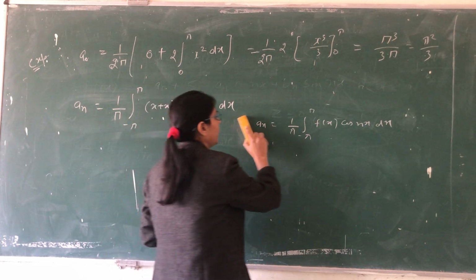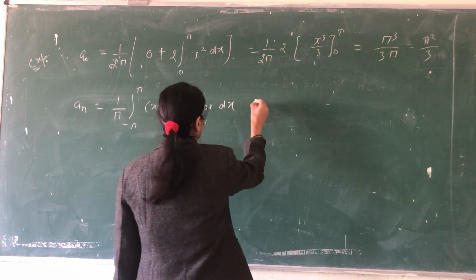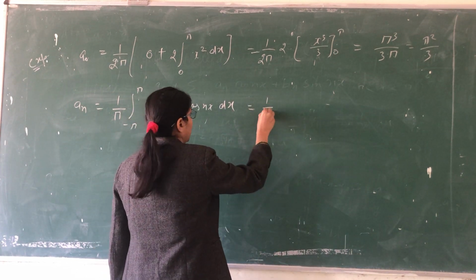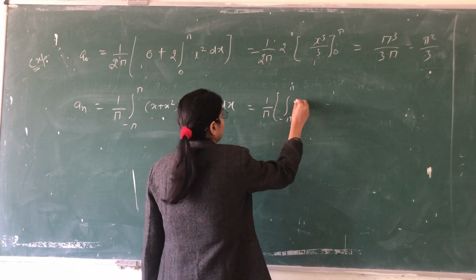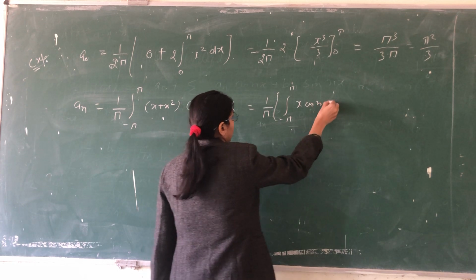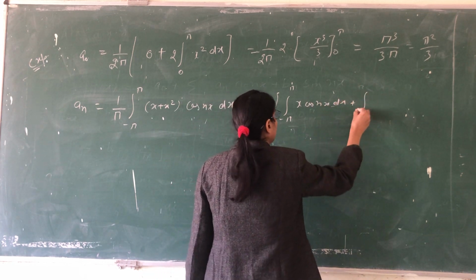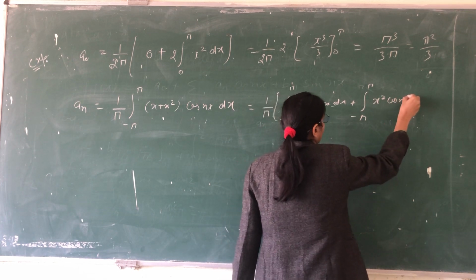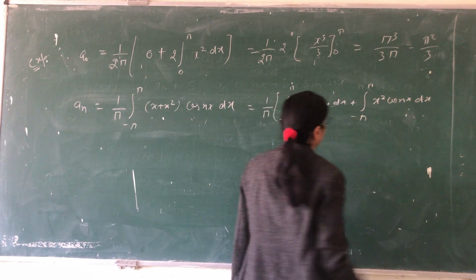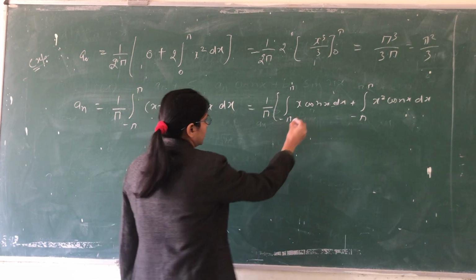This is our formula of an. So it can be written as 1 upon pi times integral minus pi to pi x cos of nx dx plus integral minus pi to pi x square cos of nx dx.